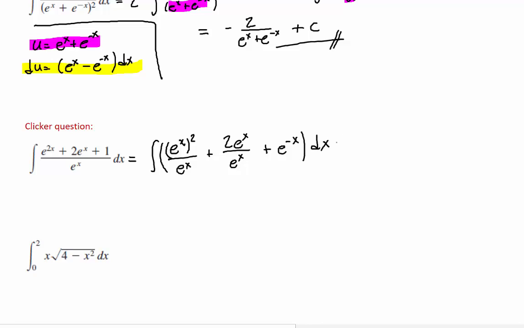And then you can see that e to the x cancels the square, e to the x cancels e to the x, and you're left with the integral of e to the x plus 2 plus e to negative x dx.